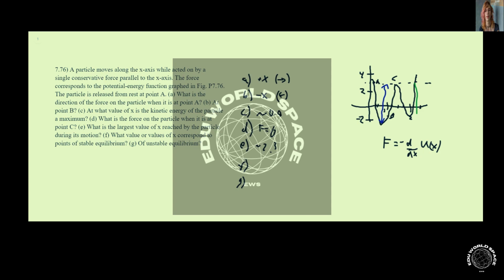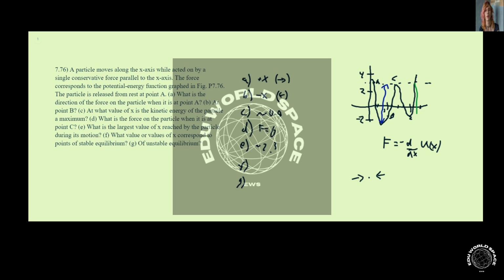So I'll just write down 2.3. F, what value or values of x correspond to points of stable equilibrium? Stable equilibrium means that we have forces on both sides of a point such that if the particle moves left, it will be forced back, and if the particle moves right, it will be forced back. What does that mean here?